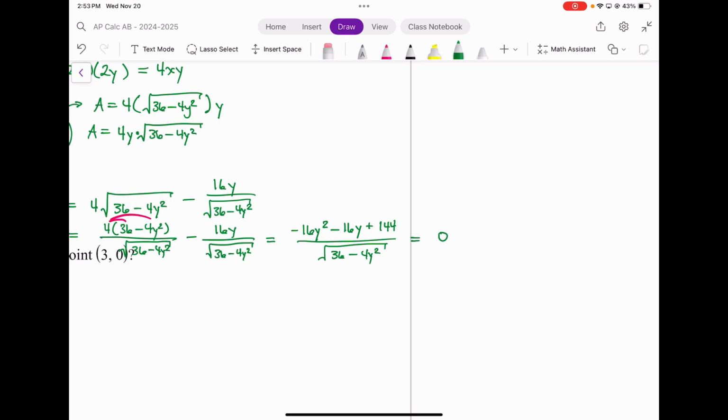So if I do that, let's keep the work going up here. I'm going to factor out a negative 4. So we get 4y squared minus 4y plus 36.